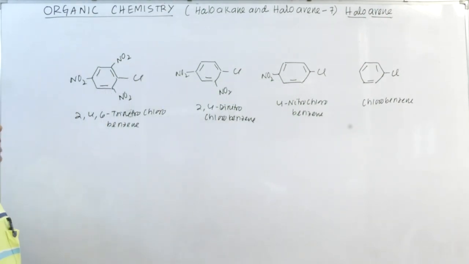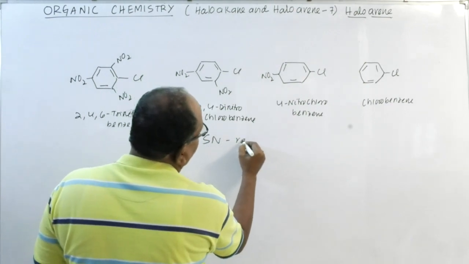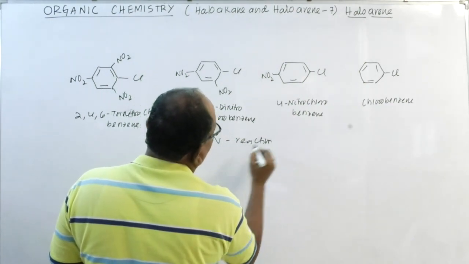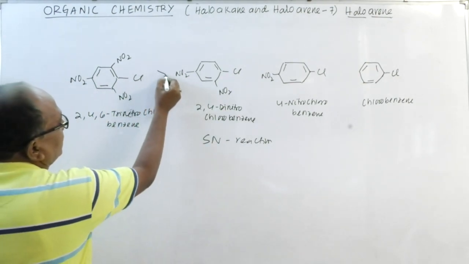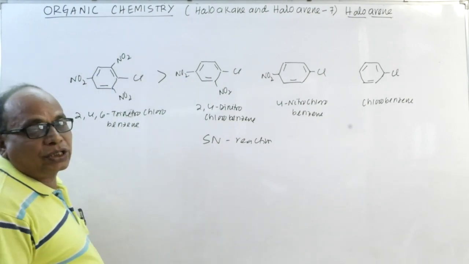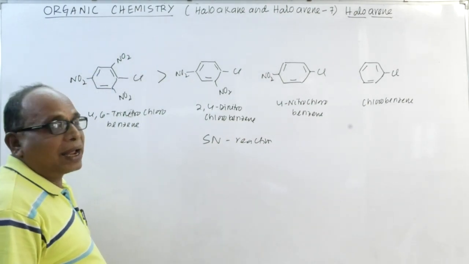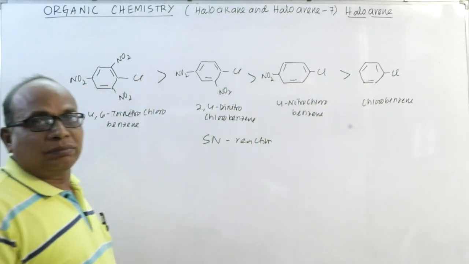It is seen that towards the SN reaction, in the reactivity order, this first one is very reactive, meaning this Cl group can be easily substituted, just like an aliphatic alkyl halide, then this one, then this one.